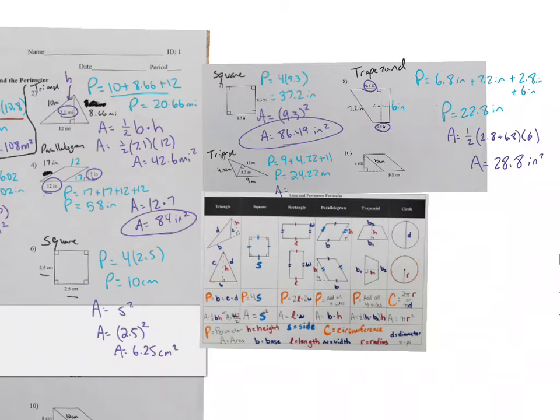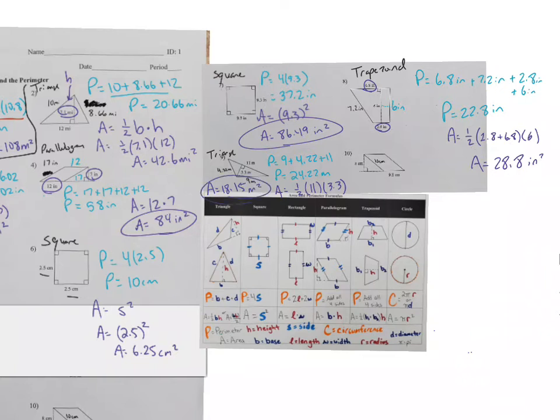Area is equal to 1/2. The base is going to be 11. The height is going to be 3.3. So I just do 1/2 times 11 times 3.3. I end up with 18.15. So my area is equal to 18.15, and it's square meters.